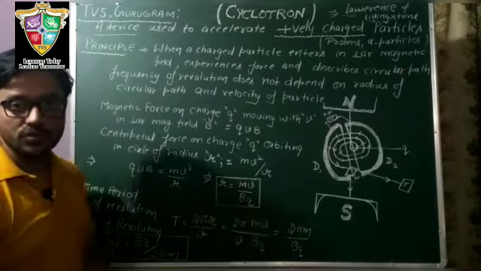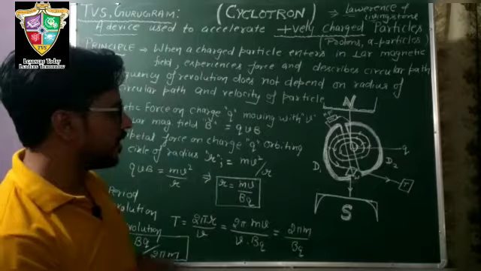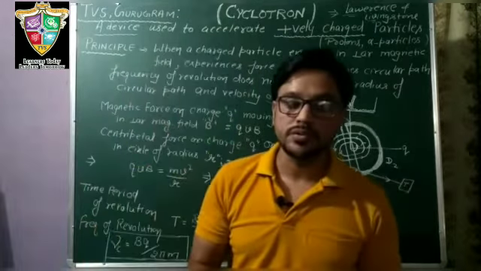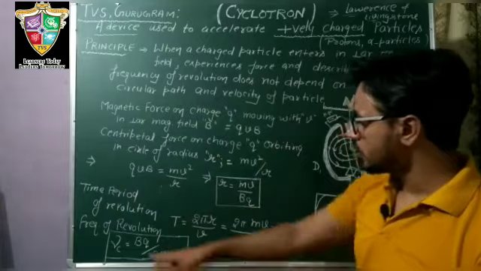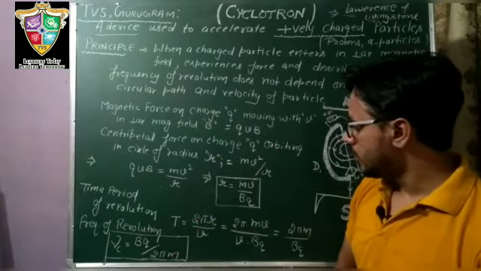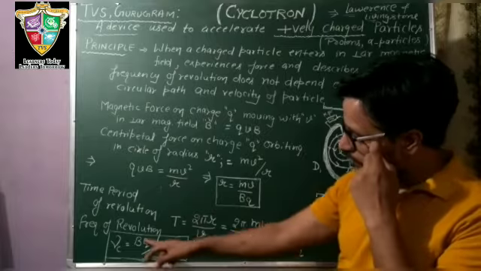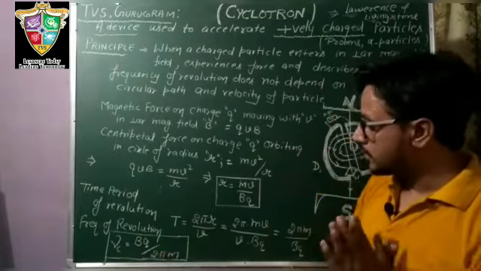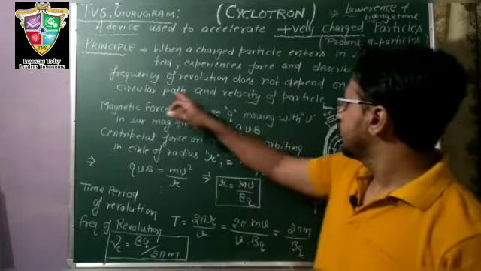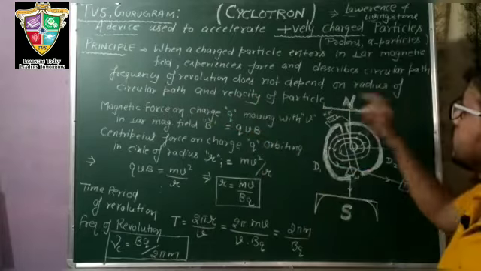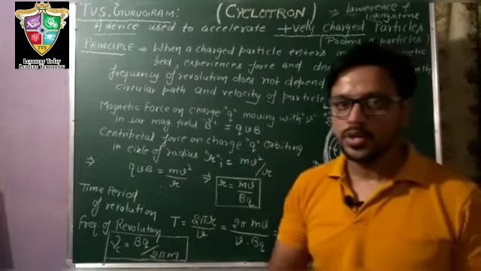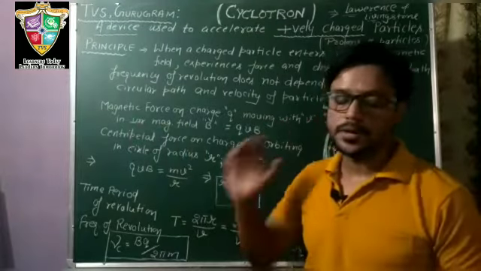This is the time period of revolution of the charged particle in these Ds. The frequency of revolution is the reciprocal of this time period, which is Bq upon 2 pi m. Students, you can clearly see that this frequency does not depend on the velocity and radius of the circular path, as we discussed in the principle part.